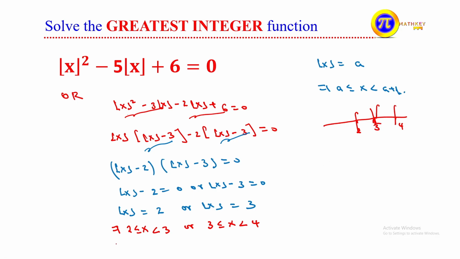The union of this is 2 less than or equal to x is less than 4. If you want, you can express this in the form of interval, which is 2 to 4 open interval. This is a way of solving greatest integer function in whatever way it comes across.